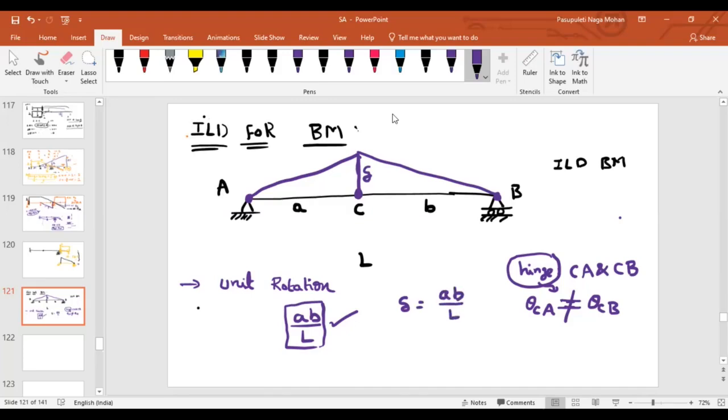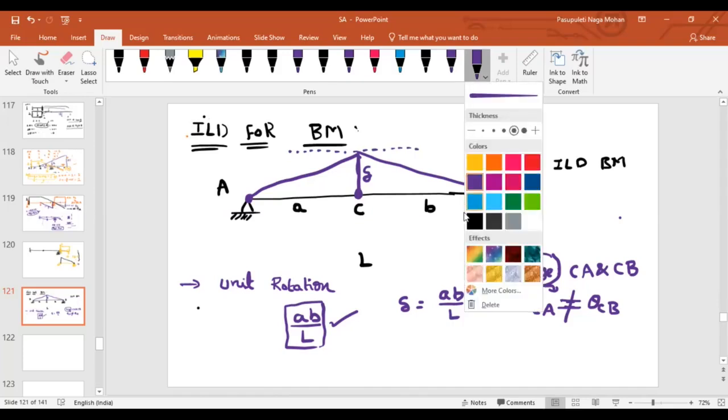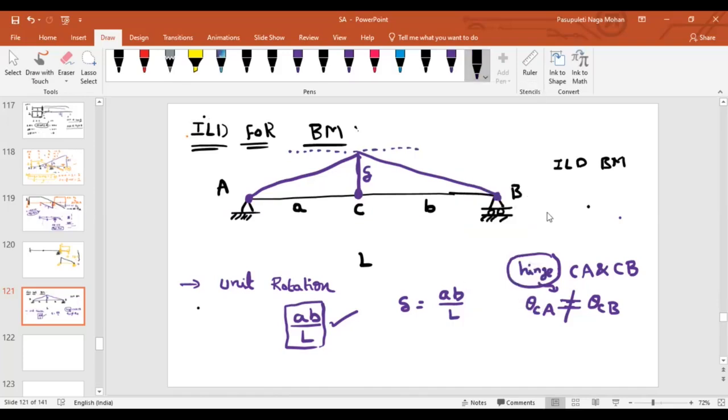Now, member CA is rotated in which direction? If I move that to the upward direction, what is the rotation of member CA? Can you tell me? Anti-clockwise. What is that magnitude? What is this distance? Delta. What is the horizontal distance?